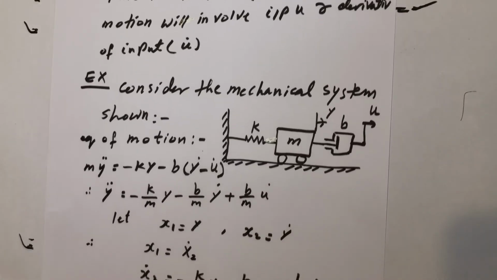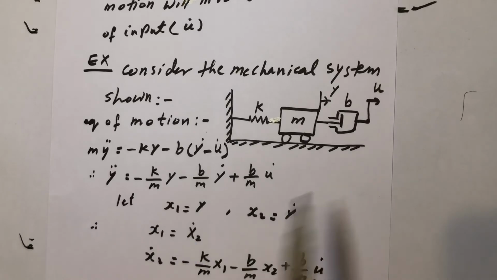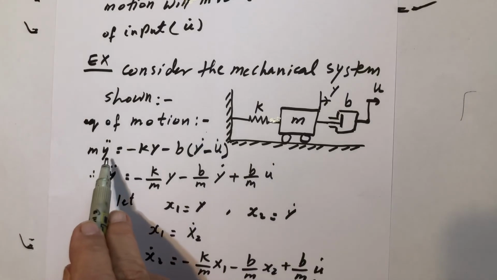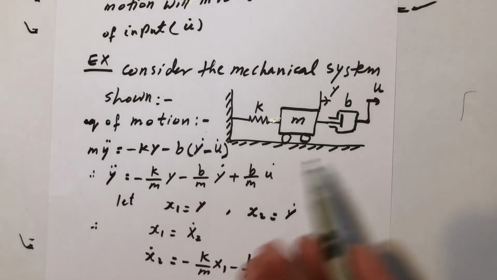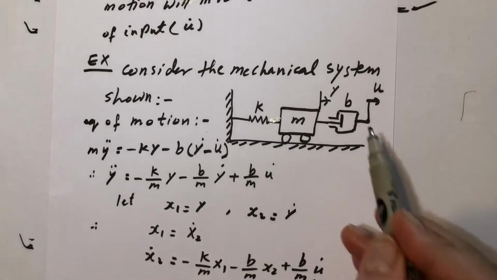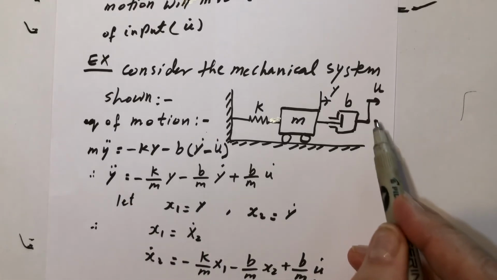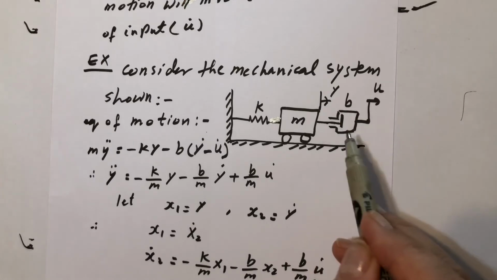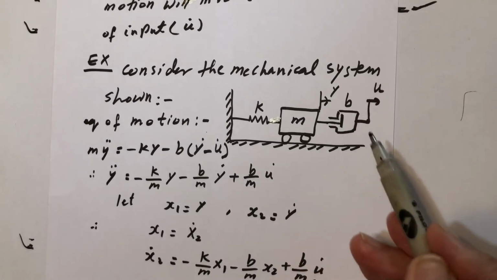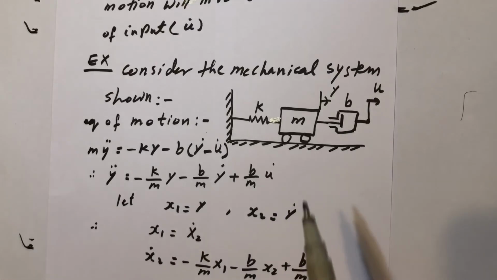So the input goes into the damper, not into the mass, coming into another element like the damper that's going to give the derivative of the input.